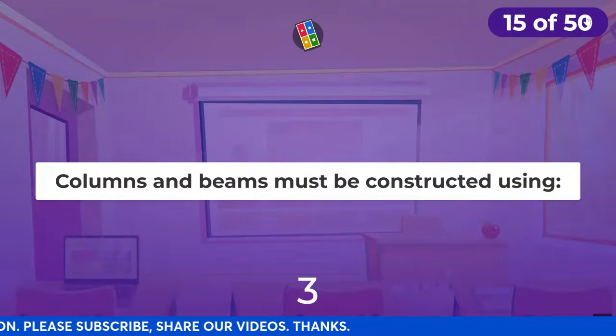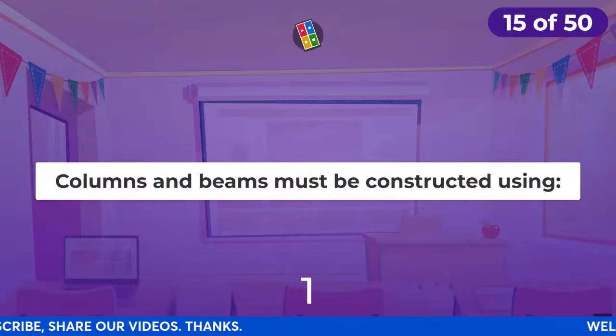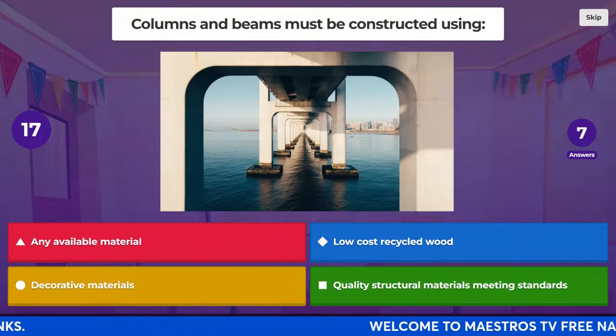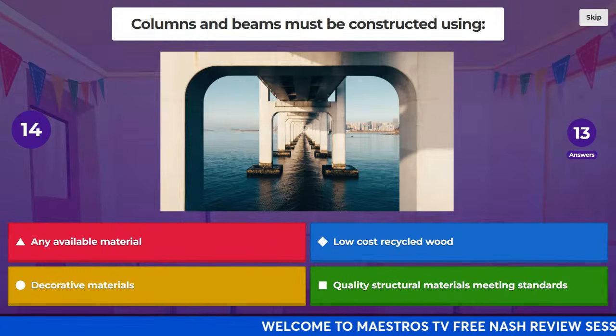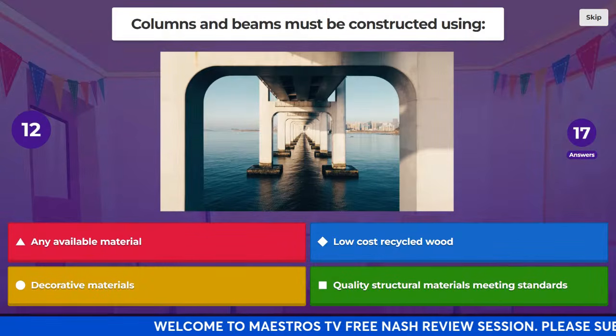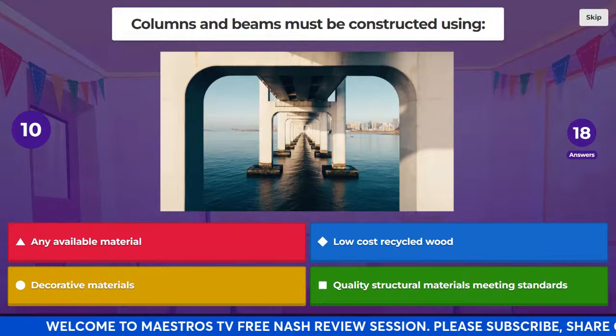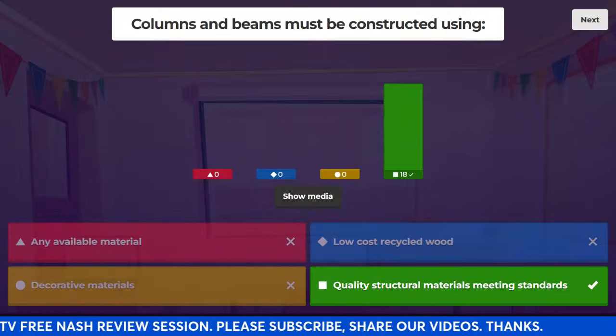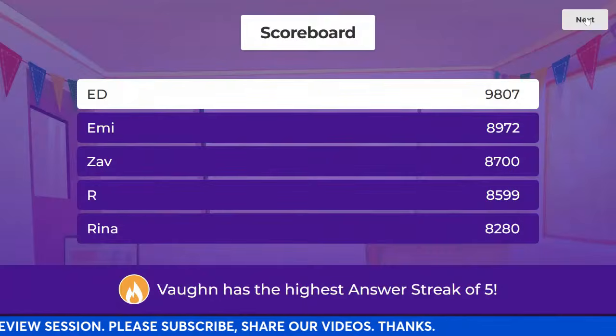Where are the rest? Next, the columns and the beams must be constructed using quality structural materials that meet the standard.